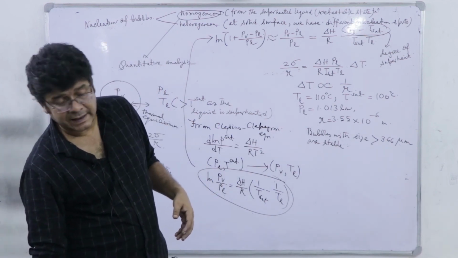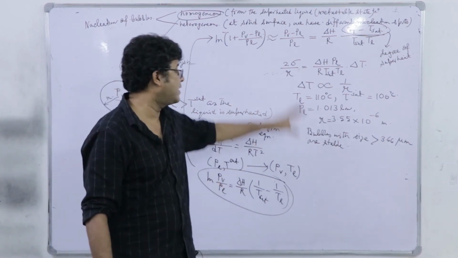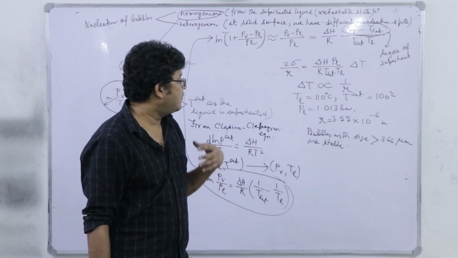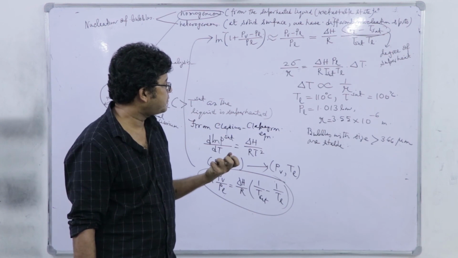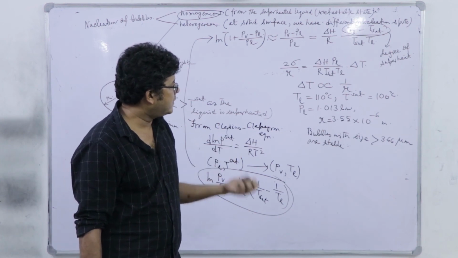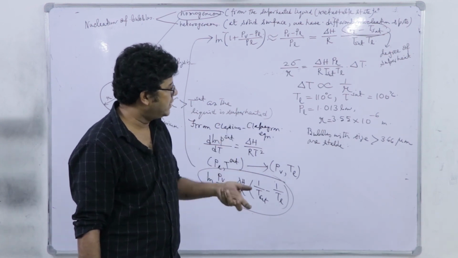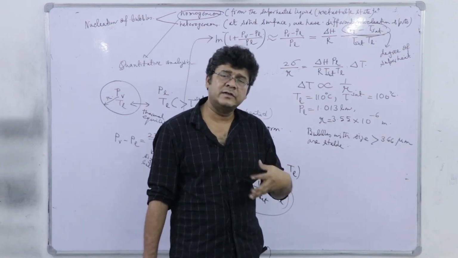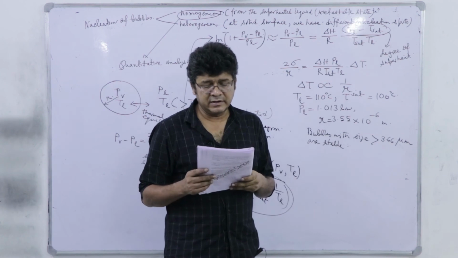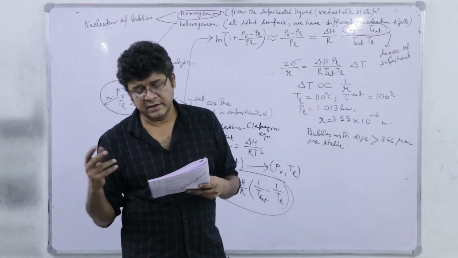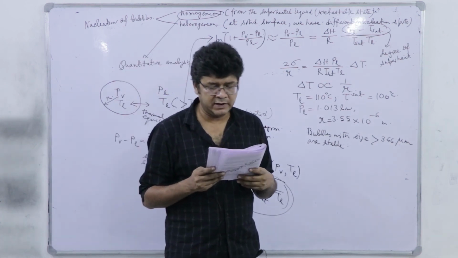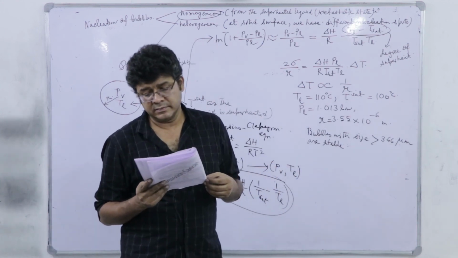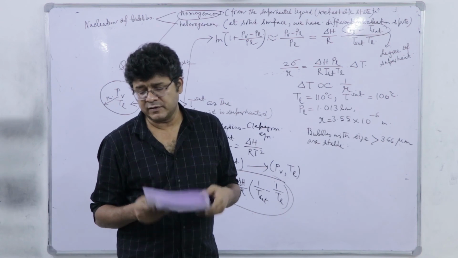However, this calculation is based on homogeneous boiling. In a real situation, even if the size of the bubble is as low as 1 micron, we will see that it will sustain in that system. The reason is that we are dealing with heterogeneous boiling, which is much more favored.